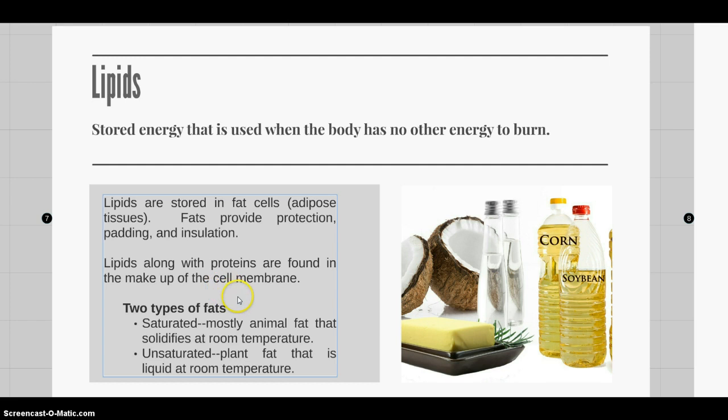There are two types of fat, saturated fats and unsaturated fats. Which one is better for you? Unsaturated fats. Unsaturated fats are like your plant fats, but not all plant fats are unsaturated. Coconut oil, obviously coconut is a plant, but that oil is not unsaturated.